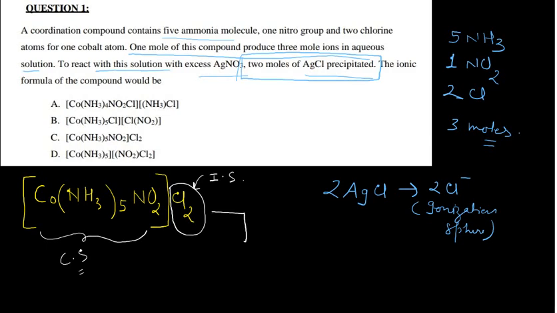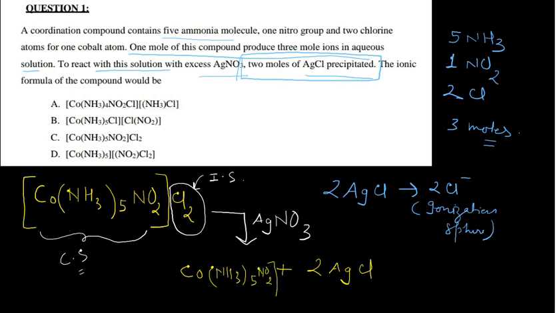And if you treat 1 mole of this compound with excess AgNO3, then of course you will have 2 AgCl, because 2 Cl are present outside the bracket, and 1 of the complex ion, cobalt NH3 5 NO2 in a square bracket with 2 positive charge.